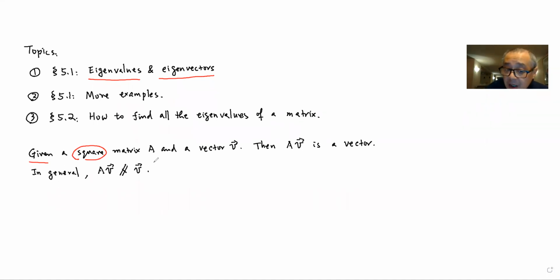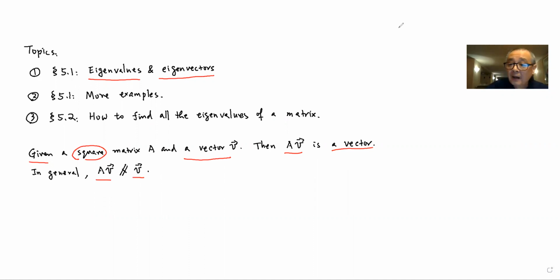Given a square matrix and a vector, then the matrix times the vector is a vector. In general, this new vector is not parallel to the old vector.